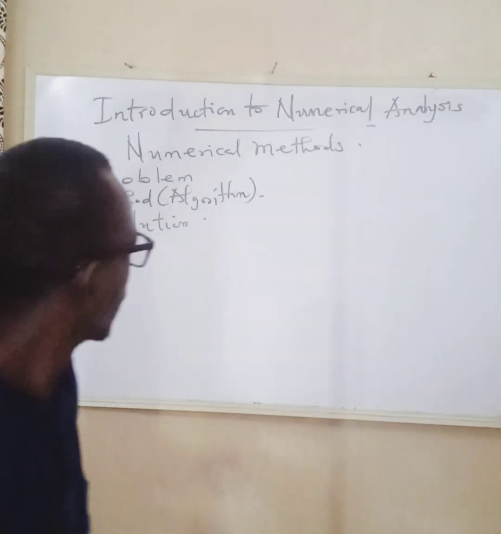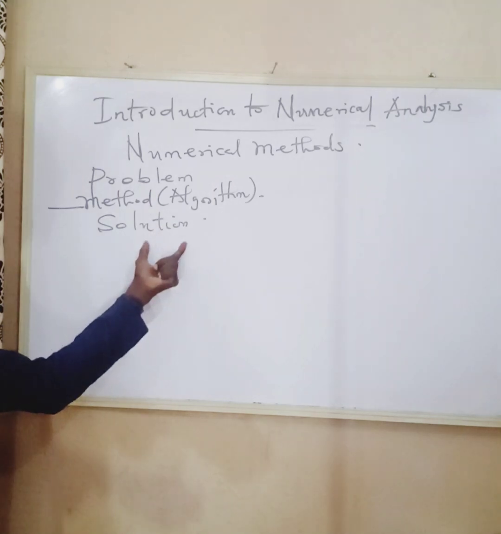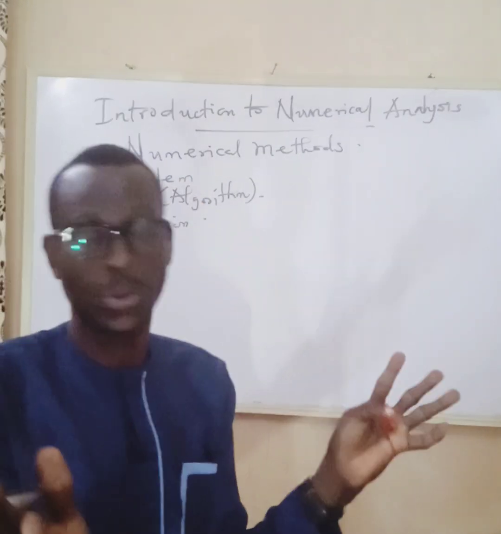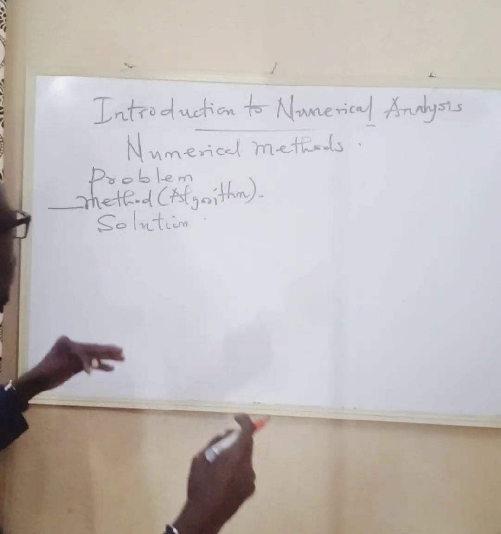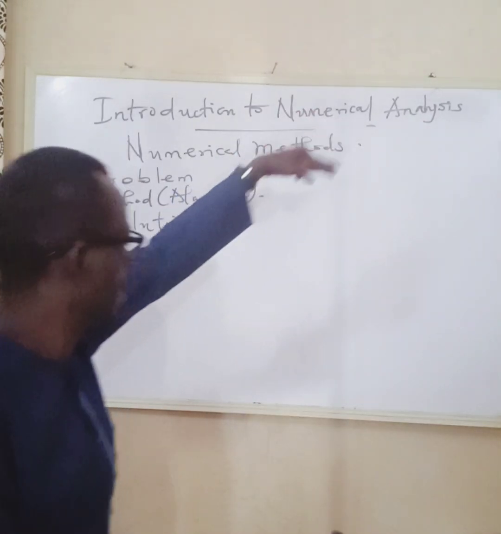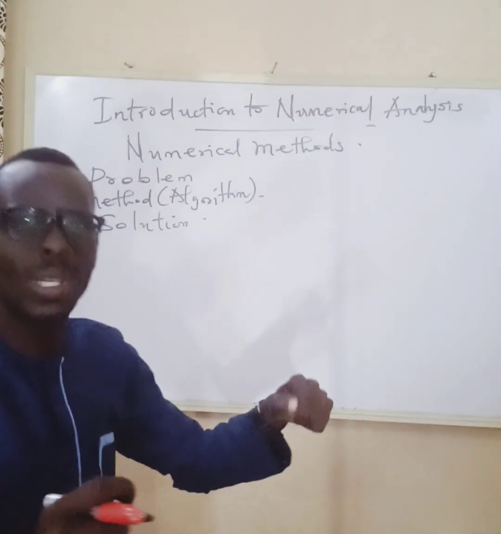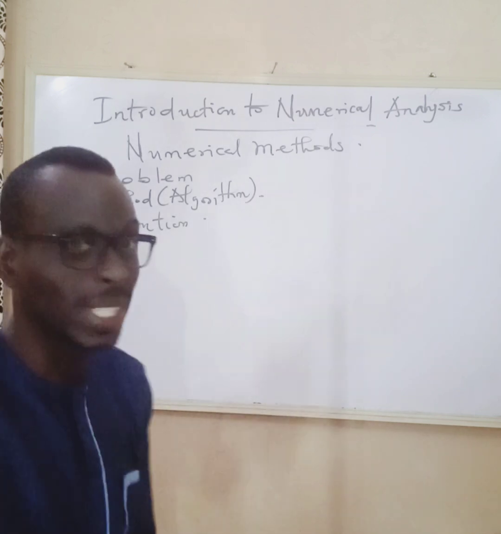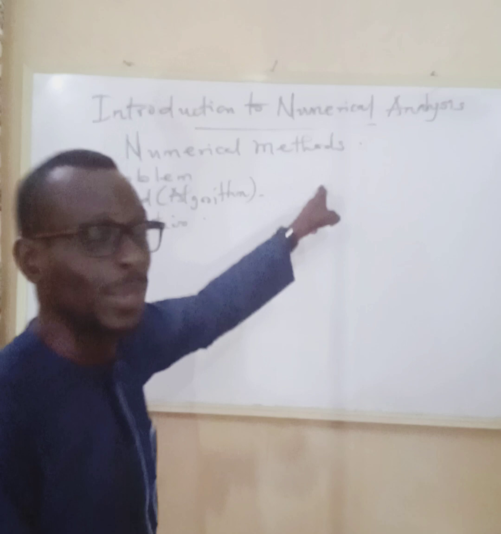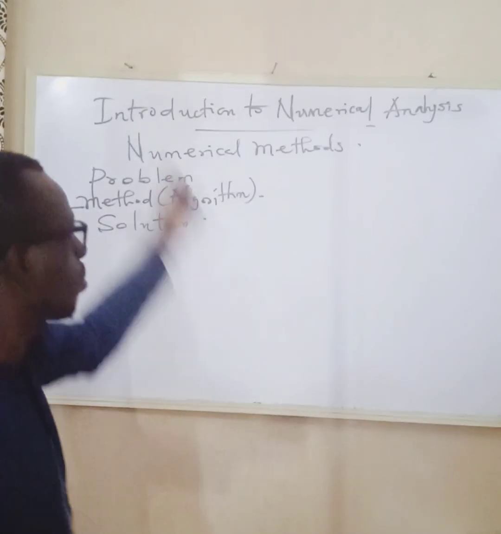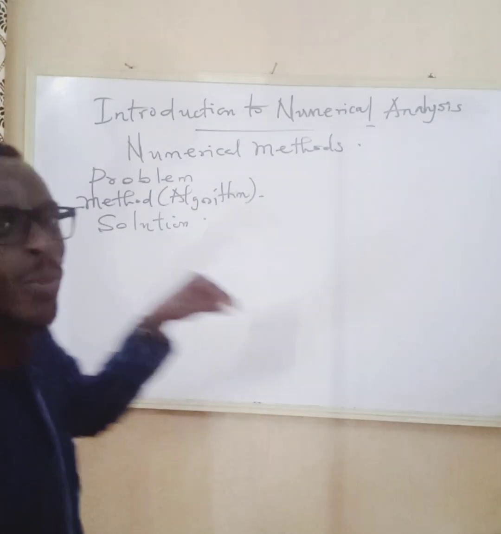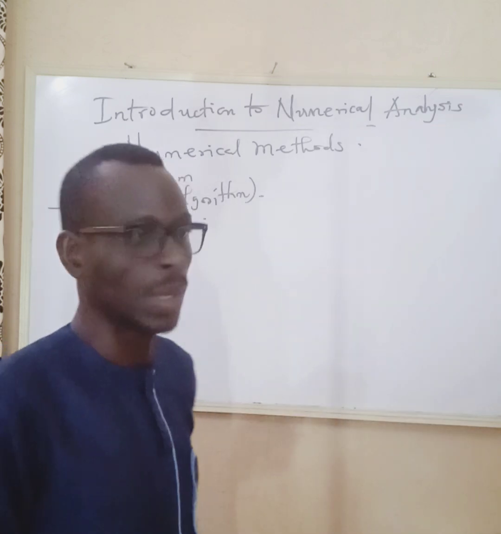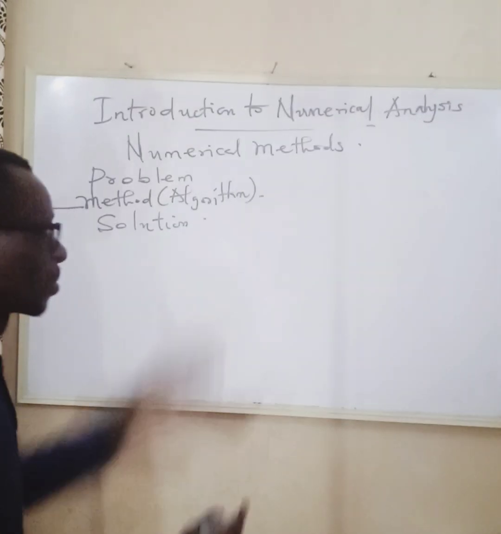From this, we have an exact solution when it comes to an analytical problem, and the purpose of this analysis is to introduce a new method called the numerical method to solve the same problem that can be solved analytically, to produce an alternative solution, being an approximate solution to the problem.